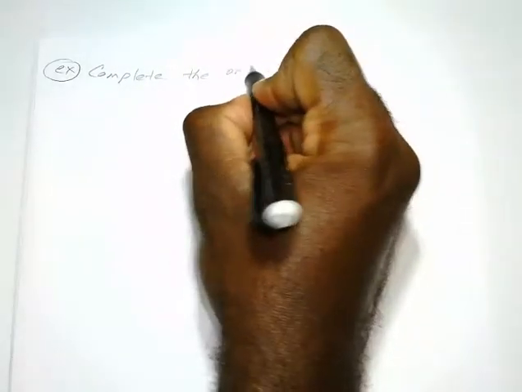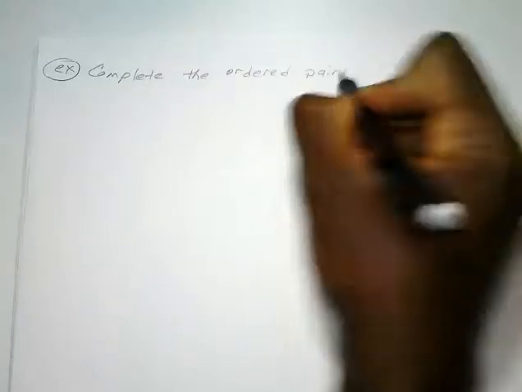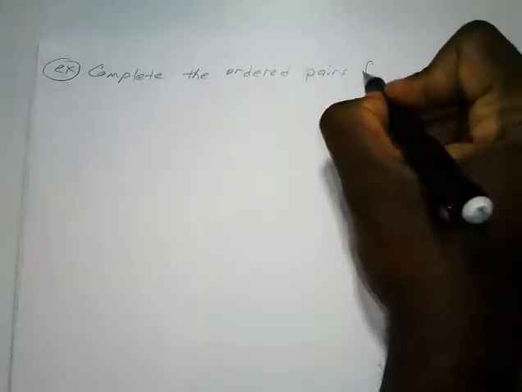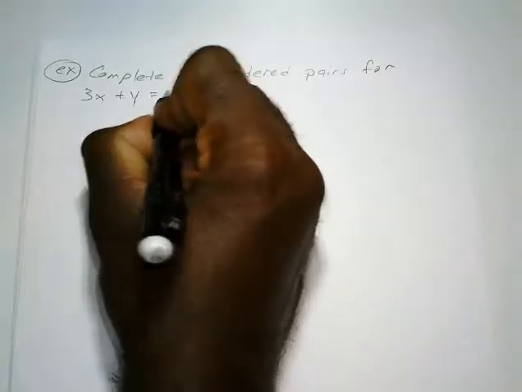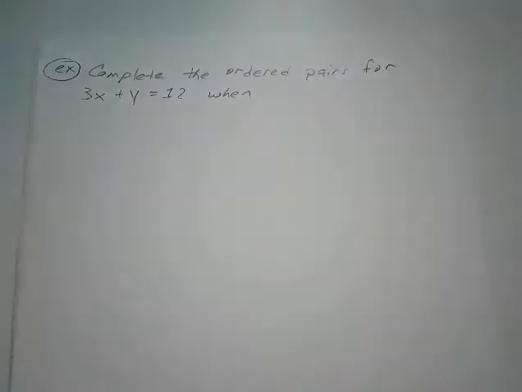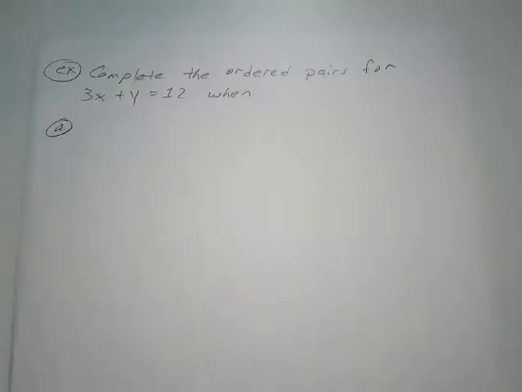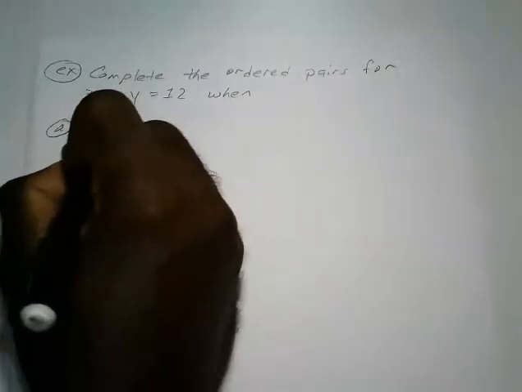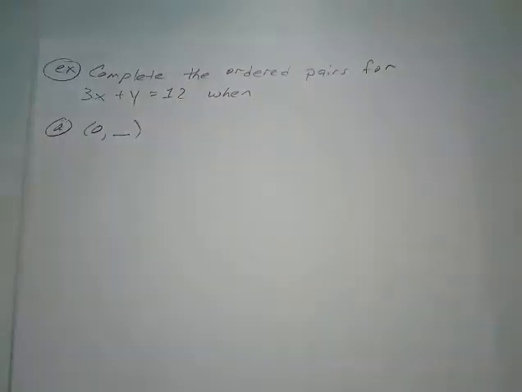the ordered pair for 3x plus y equals 12 when, let's say for problem A, we know the first element is 0, but the second one is unknown.